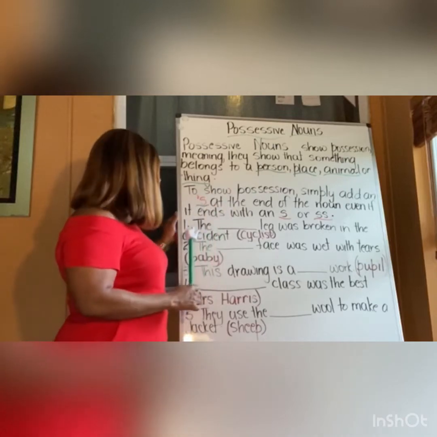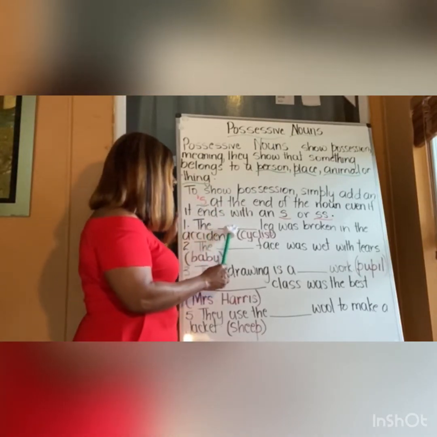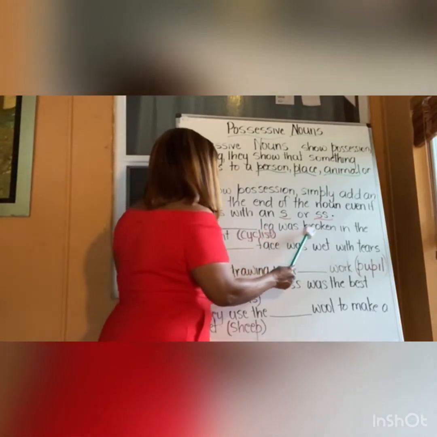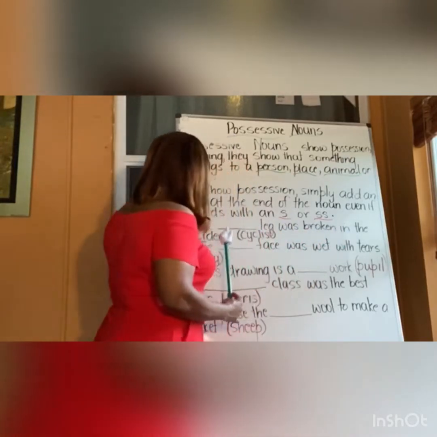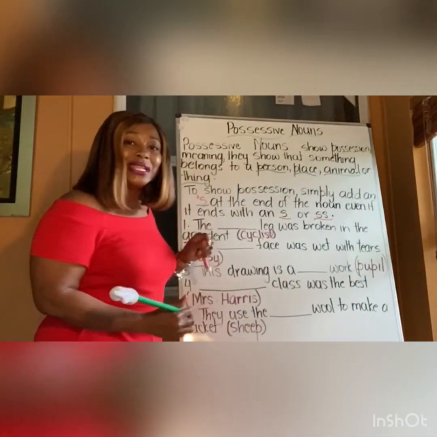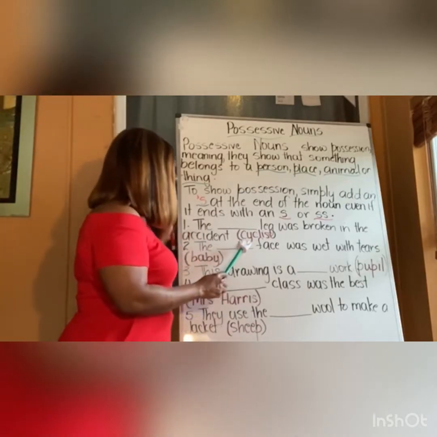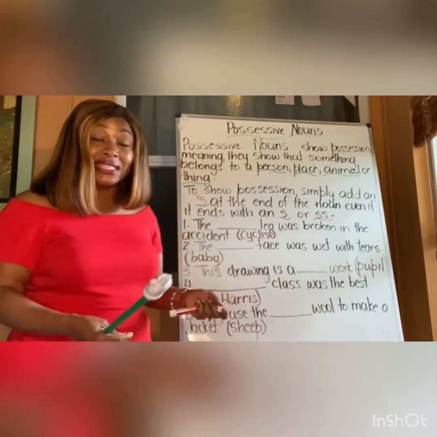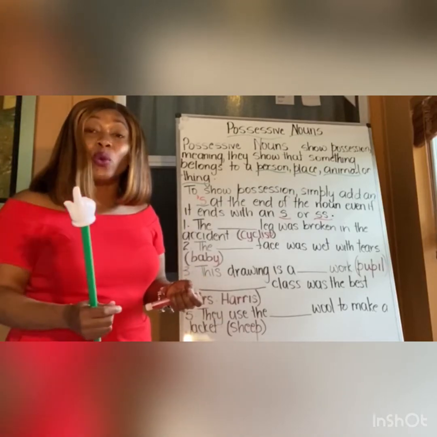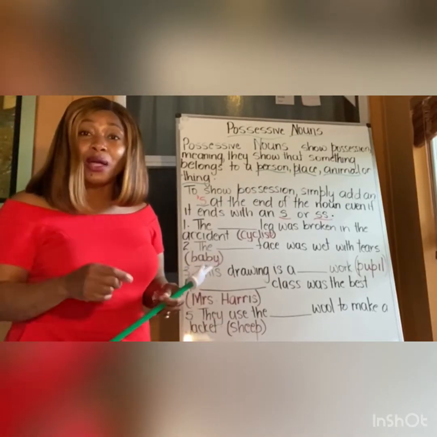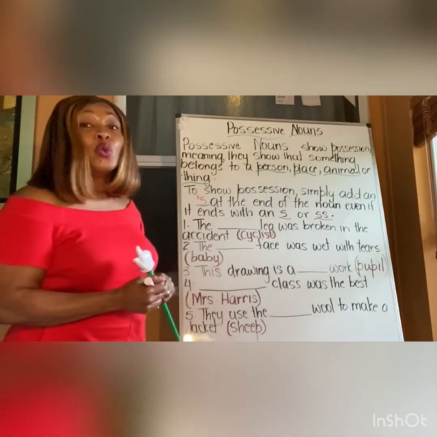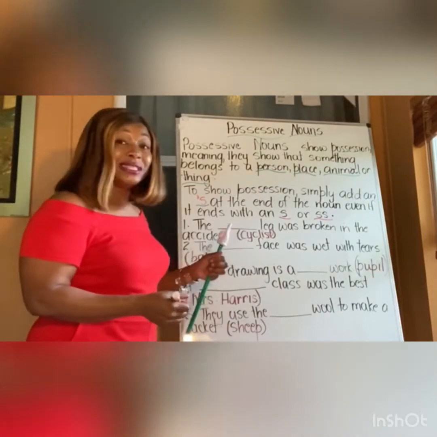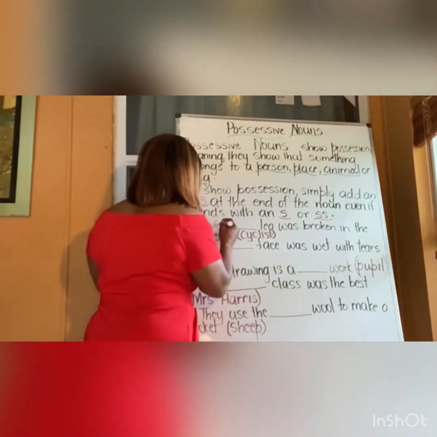The first one says, the blank leg was broken in the accident. Whose leg was broken? It's the cyclist. So in the accident, the cyclist's leg was broken. How do we show possession there? We need to write the word cyclist. So let us write CYCLIST.